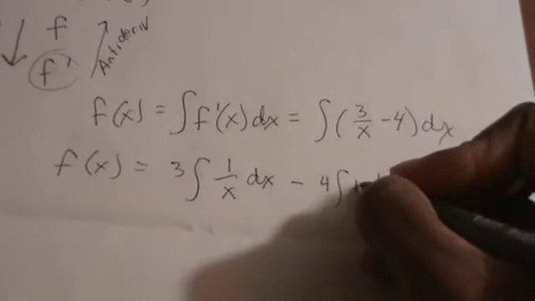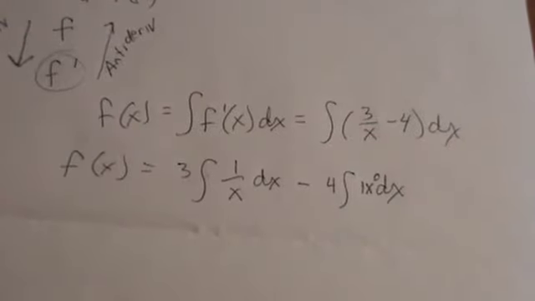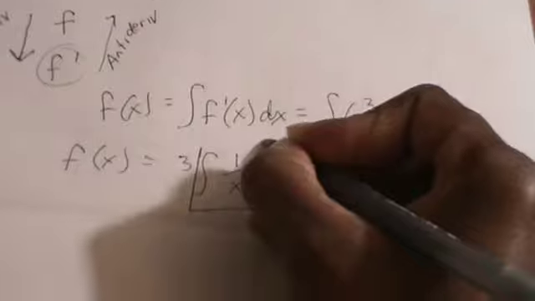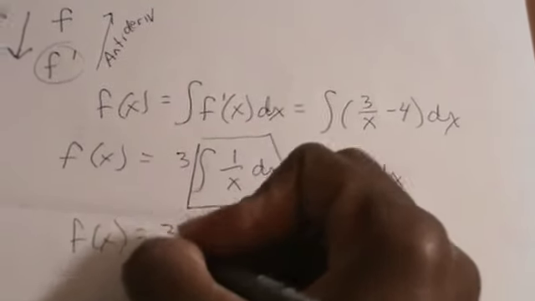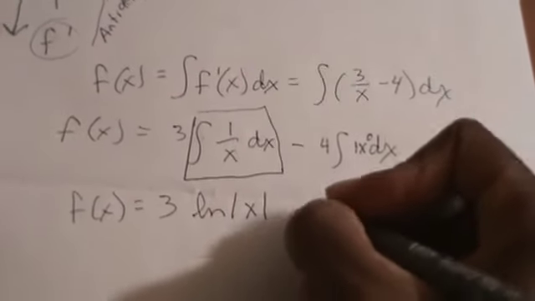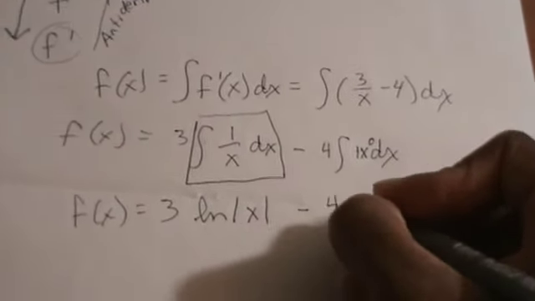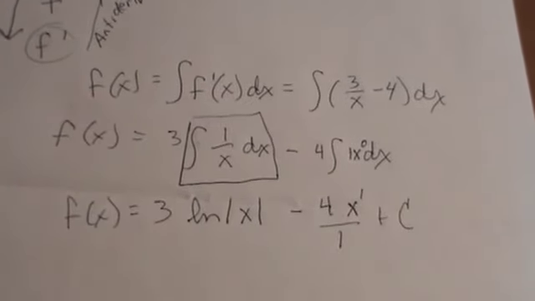Okay, what you can do is make this x to the 0th there if it makes it easier for you to understand. This is what I asked you guys to memorize. Right? So then your function f of x equals 3 times the natural log of the absolute value of x minus 4x to the 1 over 1 plus c.